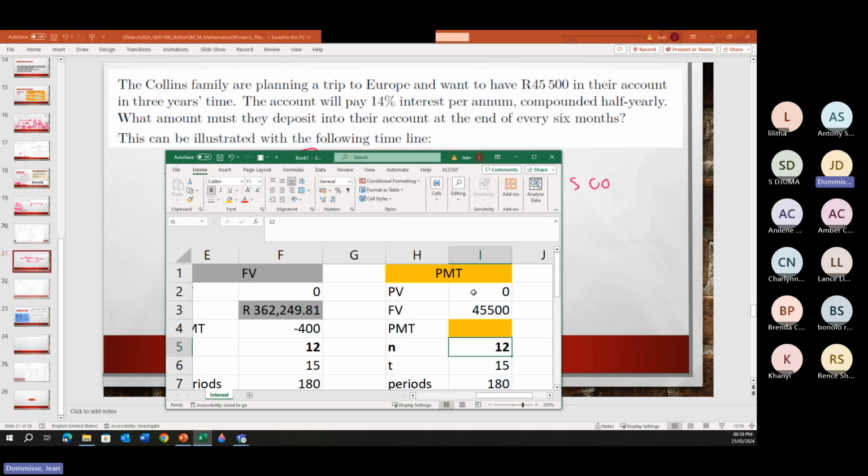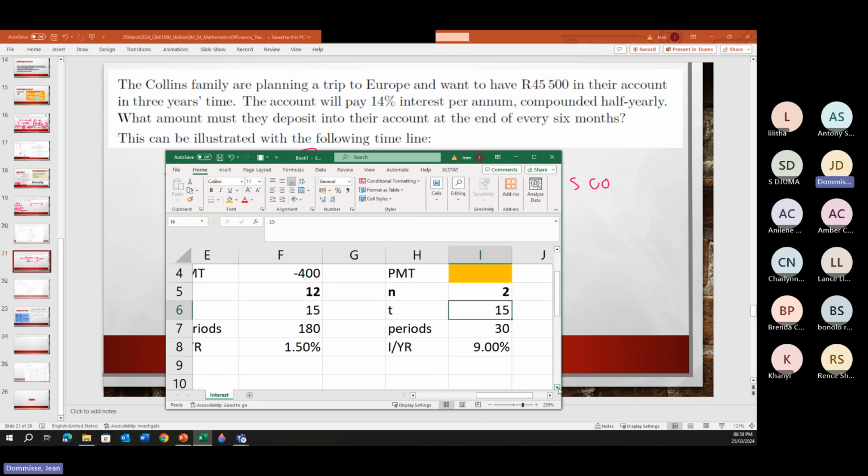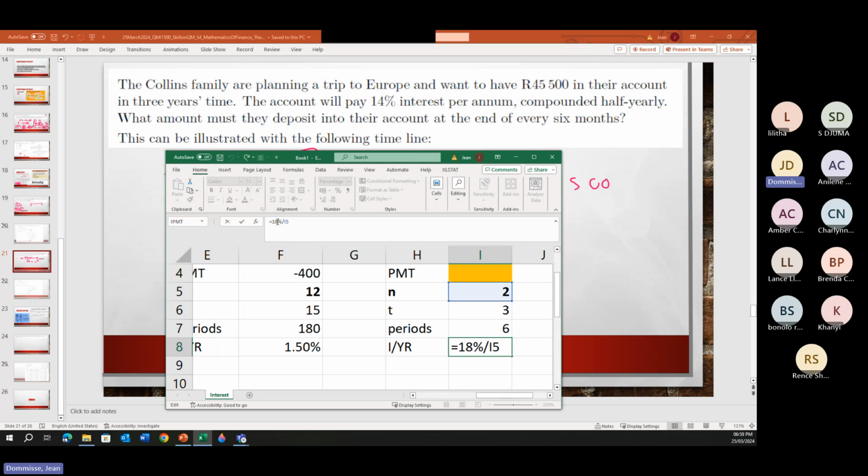Now they told us it's not 12 times a year, it's twice a year. So in the formula, it's automatically built into it that we work with 12 or with 2. They told us it's for 3 years. Then remember that, so now it was 14%.